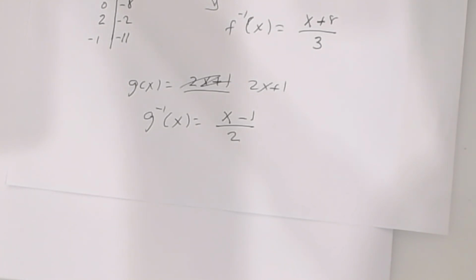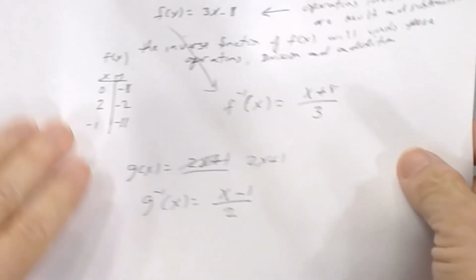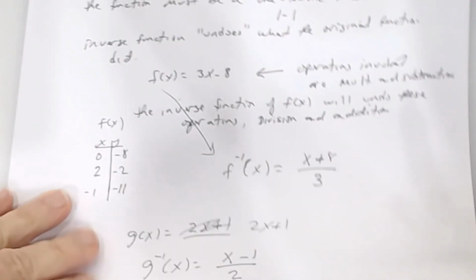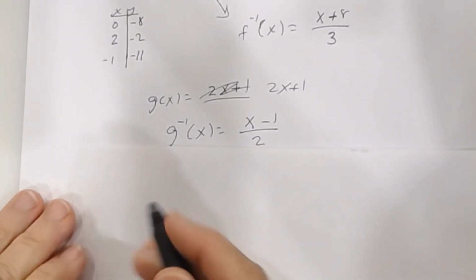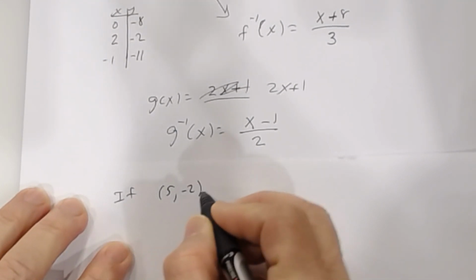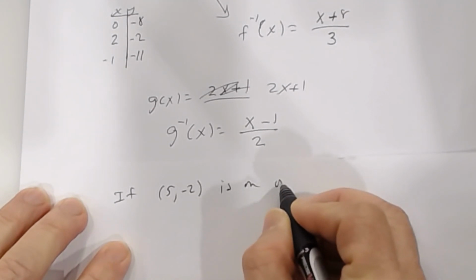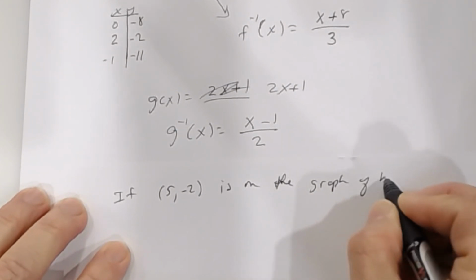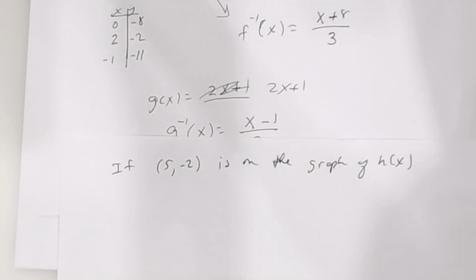So I'm going to ask you this. If (5, -2) is on the graph of h of x, and use what we just talked about, see that t-table, all that information we did?